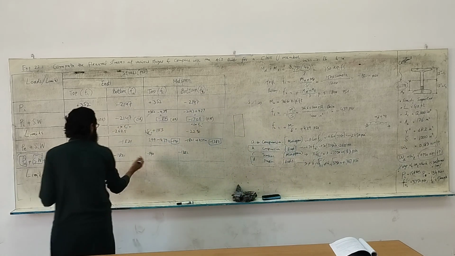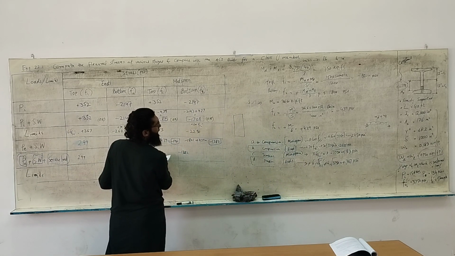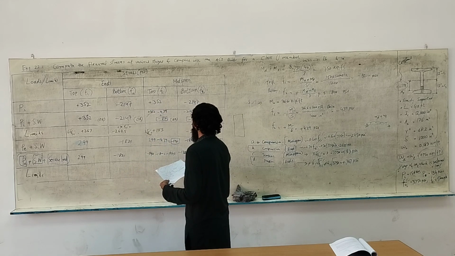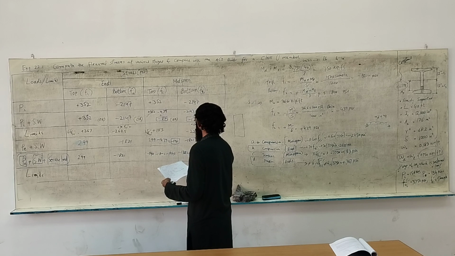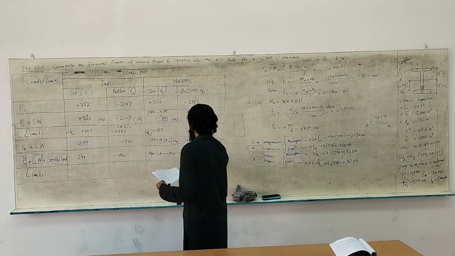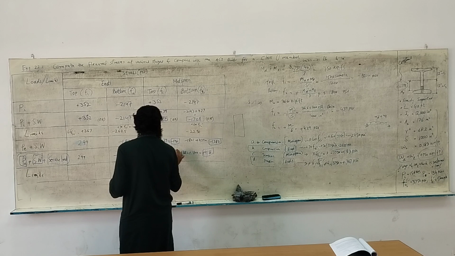So now you just superimpose them over here. At the top, it is minus 1800, so minus 1940, and this is plus 1800, so this happens to be 418 psi with a plus sign.